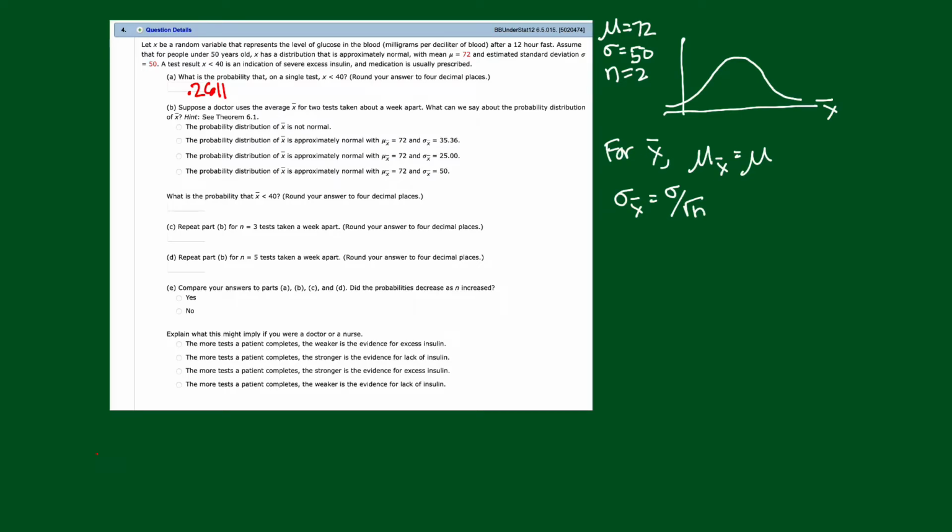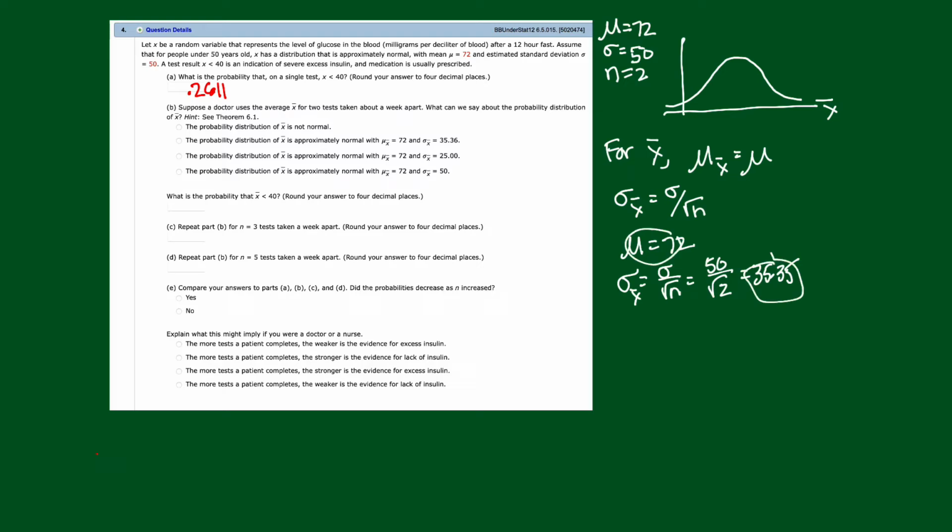So for us, mu is still 72, but sigma sub X bar is sigma over the square root of n, which is 50 divided by the square root of 2, and I got 35.35.